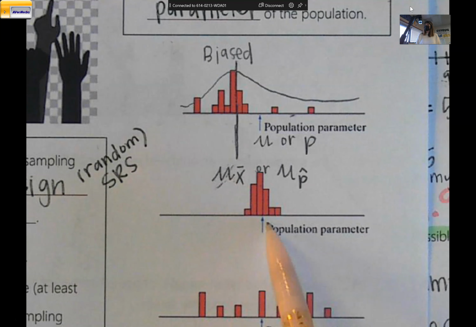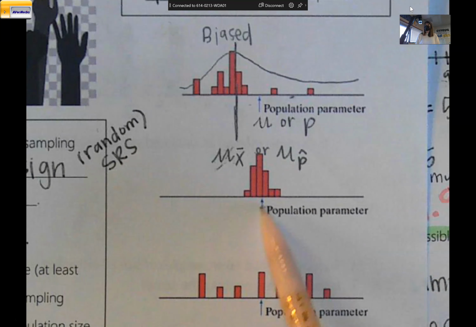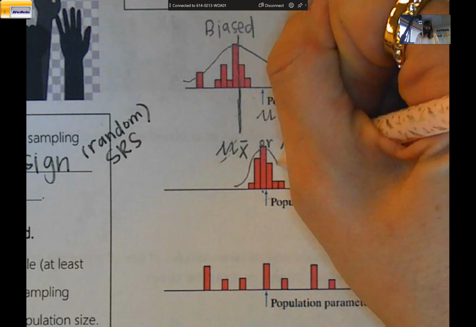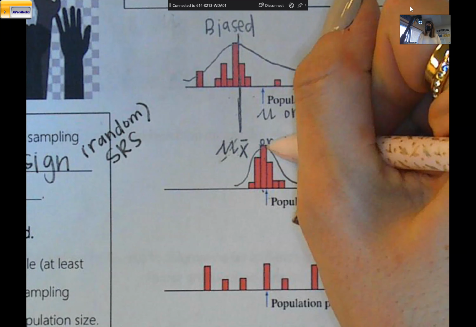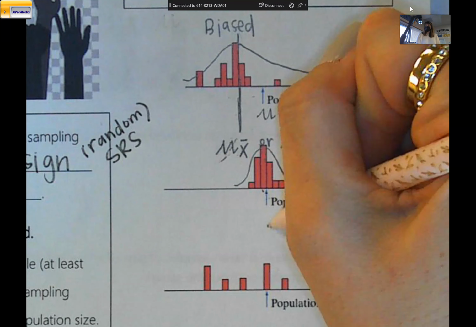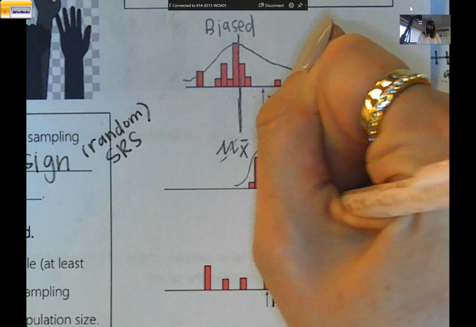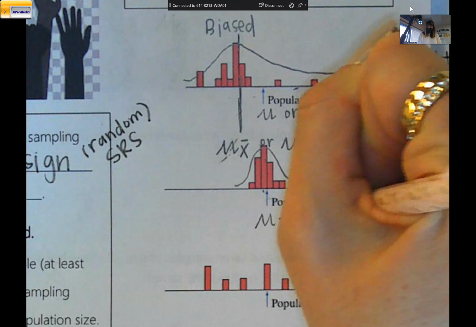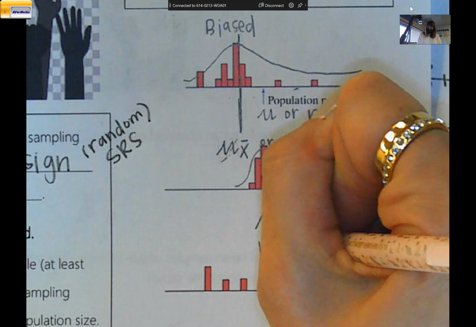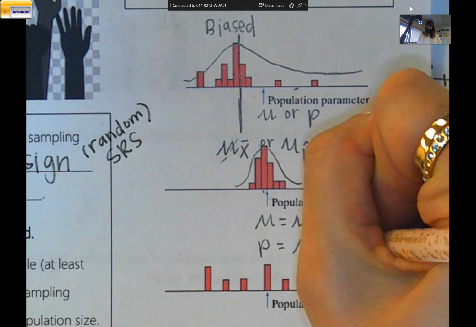This one, though, is not biased. The second one is not biased. It's roughly normal, which means that the center of the distribution would be the mean value. So this is a case where mu equals mu sub x bar, or p equals mu sub p hat.